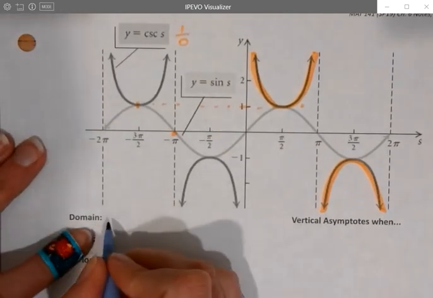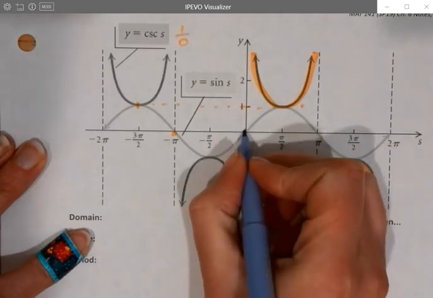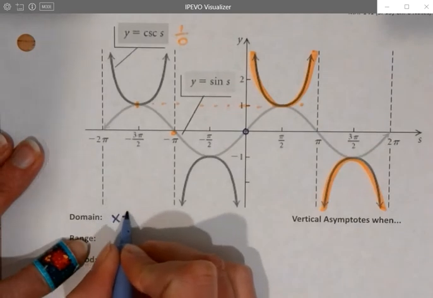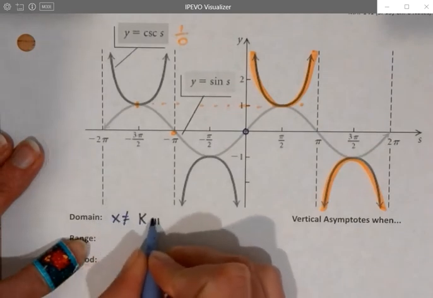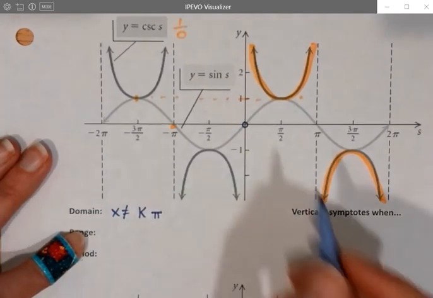So first of all, its domain, it's going to exclude all multiples of pi. We can't have 0, we can't have pi, we can't have 2 pi. So the domain is going to exclude k pi, all multiples of pi, because those are places where the sine graph is equal to 0.